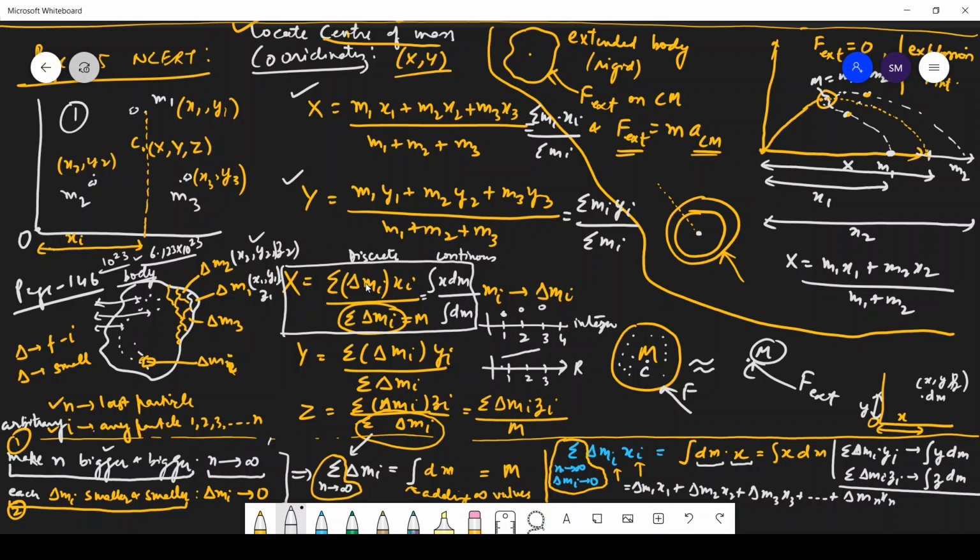Here the delta m mass was at the position xi distance. Now these are infinite, so continuous masses. One mass is dm, and the location of that dm is x. On the x-axis it is x, and on the y-axis, similarly you can write it for the y-axis. So let me remove this.